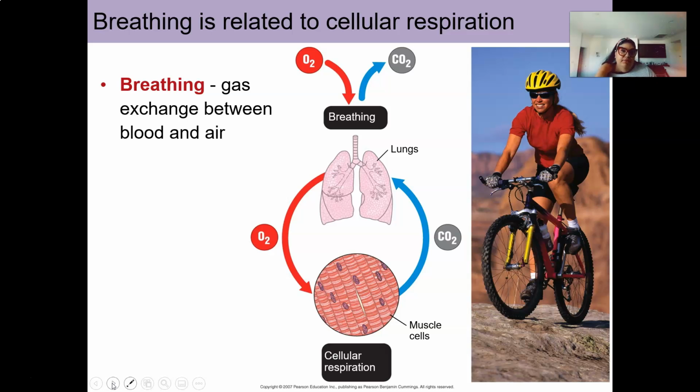But on a simple level, what's happening is we take in oxygen through our lungs, and that oxygen then fills up our blood, and our blood circulates that oxygen throughout our body. It takes all of that oxygen to our cells, like muscle cells and all different types of cells, and we get cellular respiration.